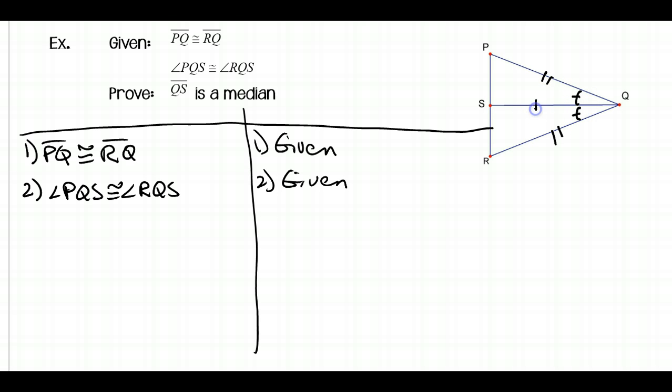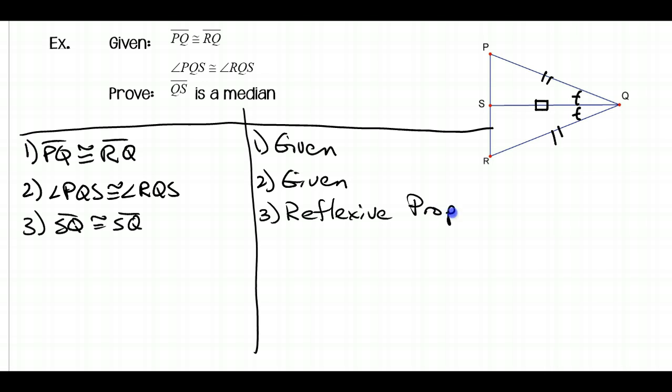So again, just like the last problem, I can get this side congruent to itself. So I've got SQ congruent to SQ by the reflexive property. And that's all I need now to prove that triangle PQS is congruent to triangle RQS.